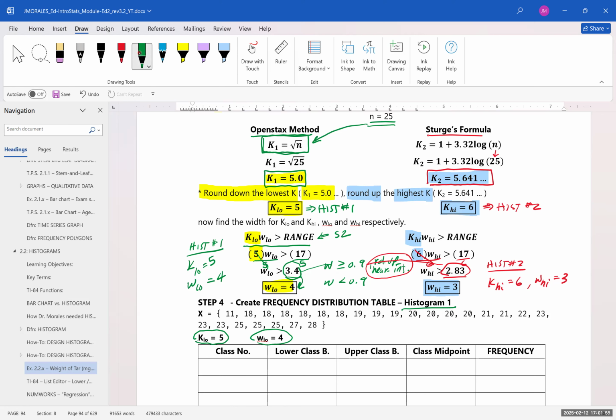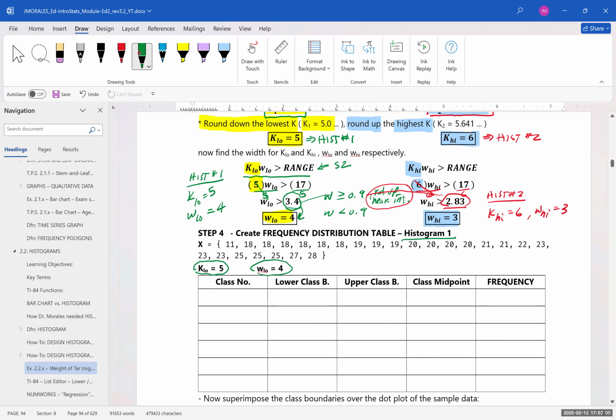So now we can start setting up our frequency distribution table. We've got these 5 columns here: class number, lower class boundary, upper class boundary, midpoint, and frequency. For class number, because we've got 5 classes, we're just going to label this 1, 2, 3, 4, and 5.